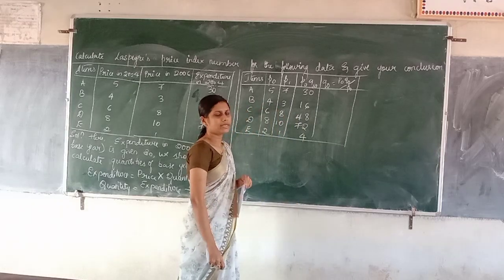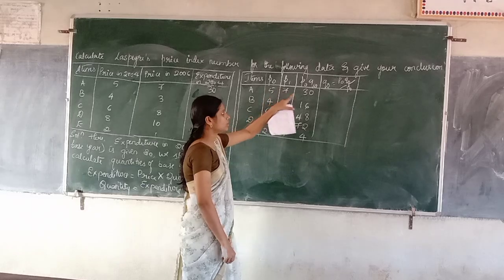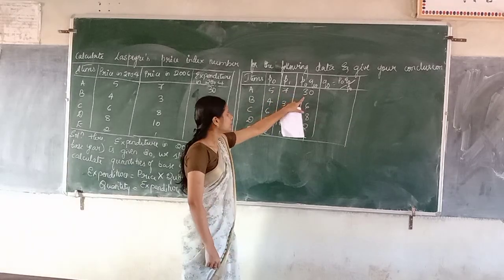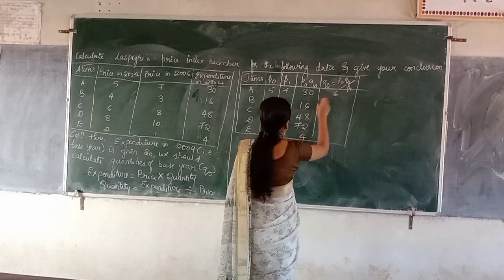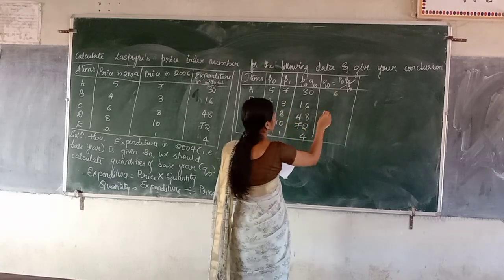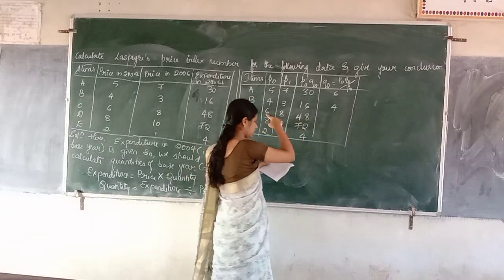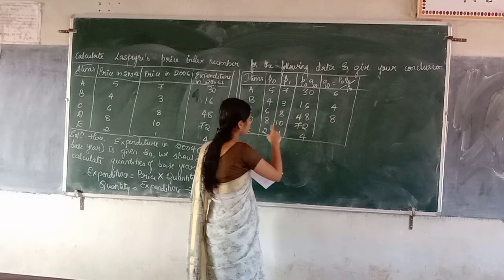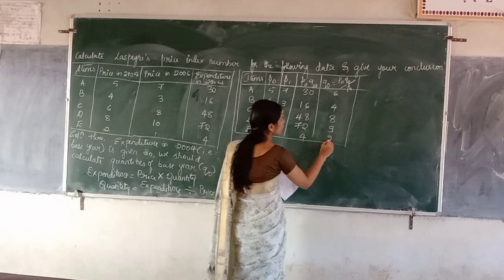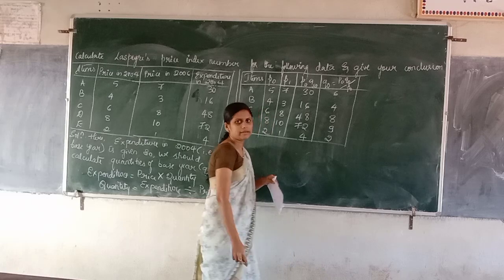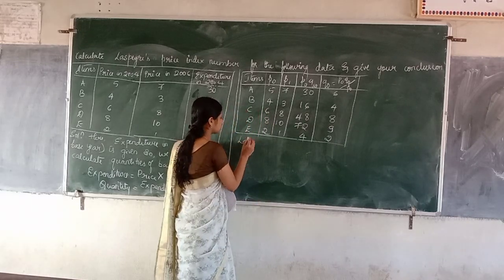We divide these two columns. 30 divided by 5 is 6. 16 divided by 4 is 4. Then 48 divided by 6 is 8. Then 72 divided by 8 is 9. 4 divided by 2 is 2. We have calculated Q0. Now we will write the formula of last year's price index number.